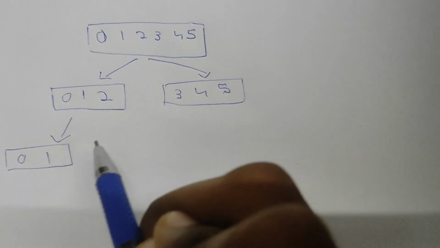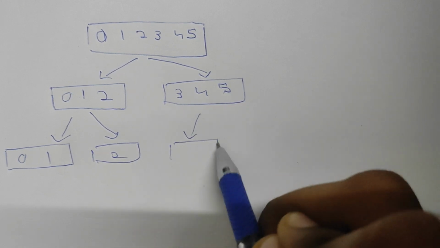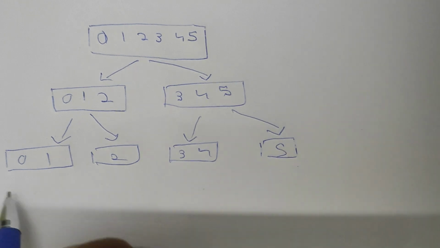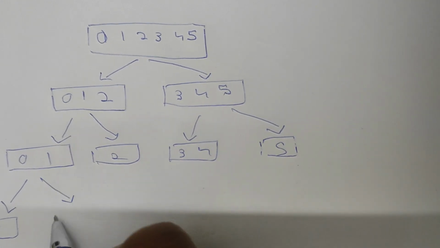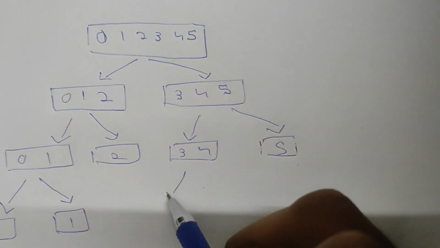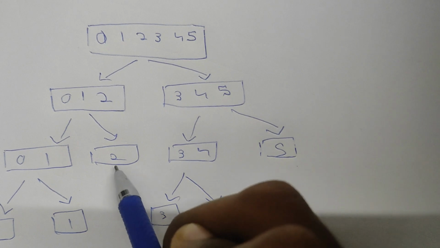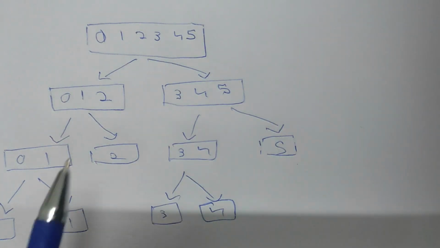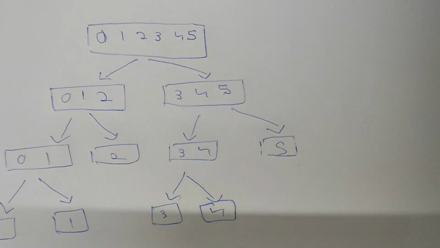This will become 0 1, this will become 2, this will become 3 4, this will become 5, then this will get split again into 0 and 1, 3 and 4. Since here only one element is there, we are not splitting it again. We are splitting it on the basis of the middle element.